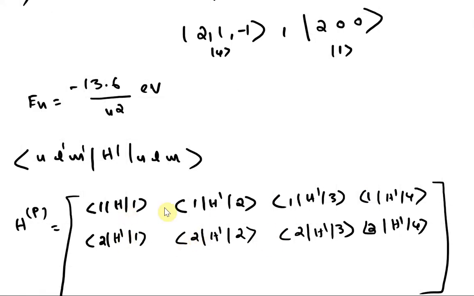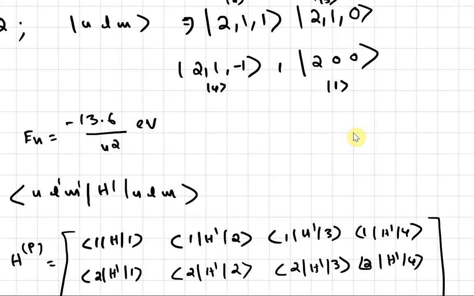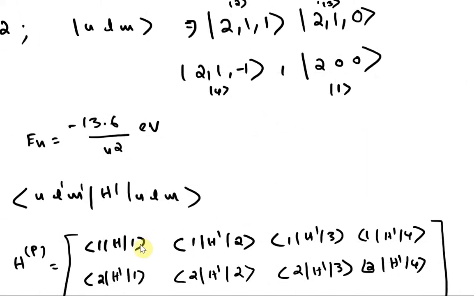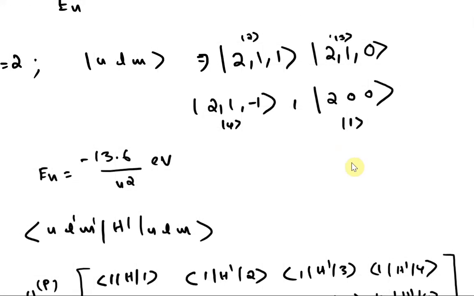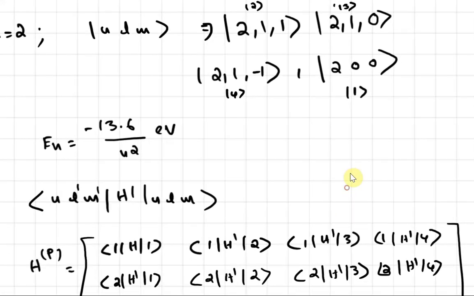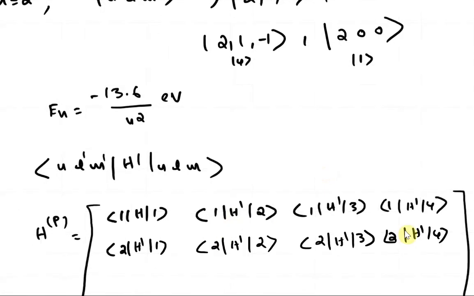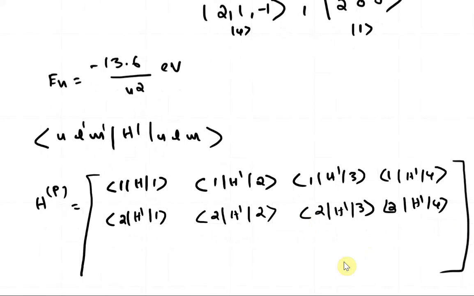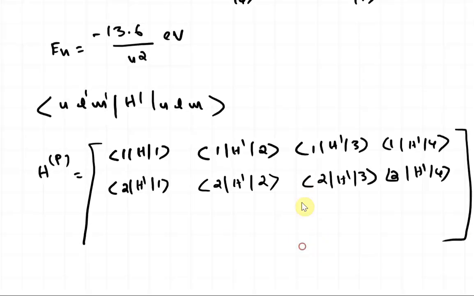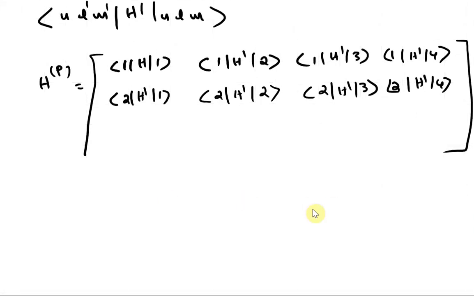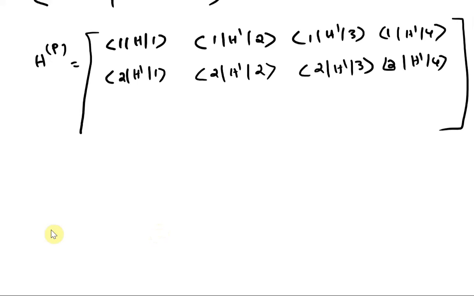You can take some parity considerations if you don't want to solve it in other form. Some of the terms you can make 0 using parity considerations, otherwise you can just do it and find out the elements. And once you have done that, I'm skipping that part, you'll get the matrix like this.